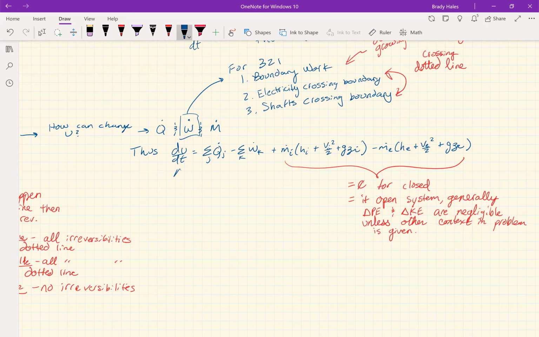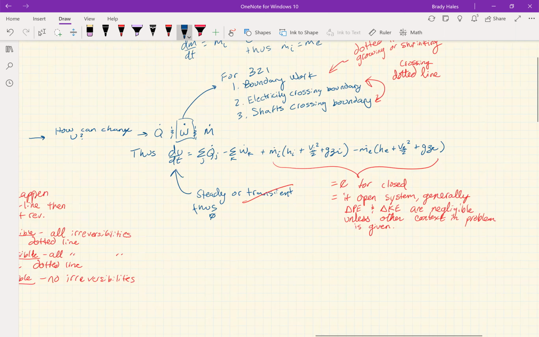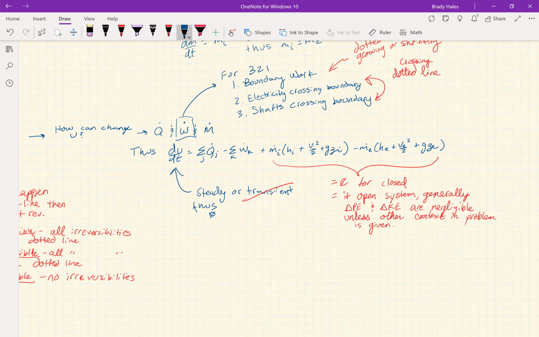So same thing here, I'd say steady or transient, right? But you haven't covered transient yet. Okay, so thus 0. So we said our internal energy can be changed through heat, work, and mass interactions.